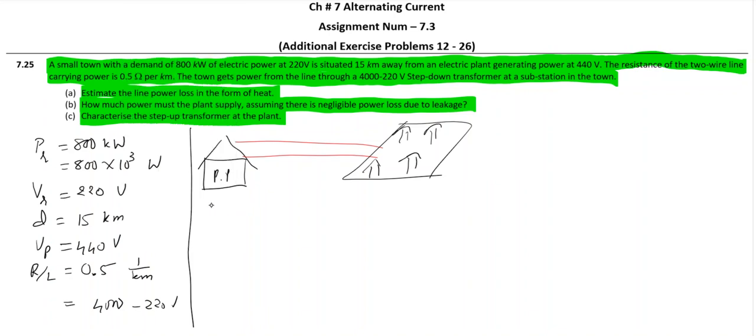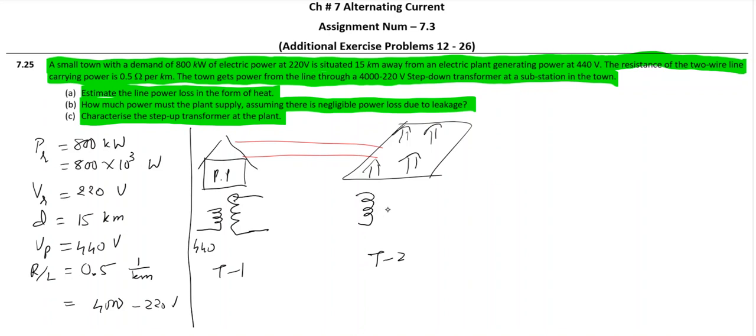First transformer is the one which is converting the produced 440 volt into some high value, and second transformer, let it be transformer 1 and let here be transformer 2. The second transformer is doing the other job.